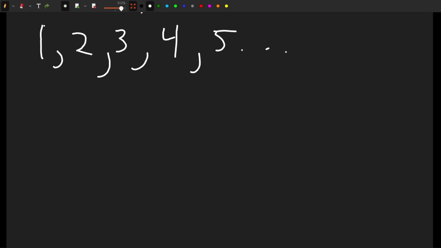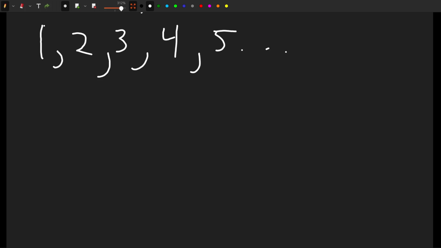So the natural numbers are all the numbers from 1, 2, 3, 4, 5, so on and so forth, but they don't include 0. That's the big difference. It doesn't include 0. It's just 1, 2, 3, 4, 5, 6, 7, on and on to infinity.